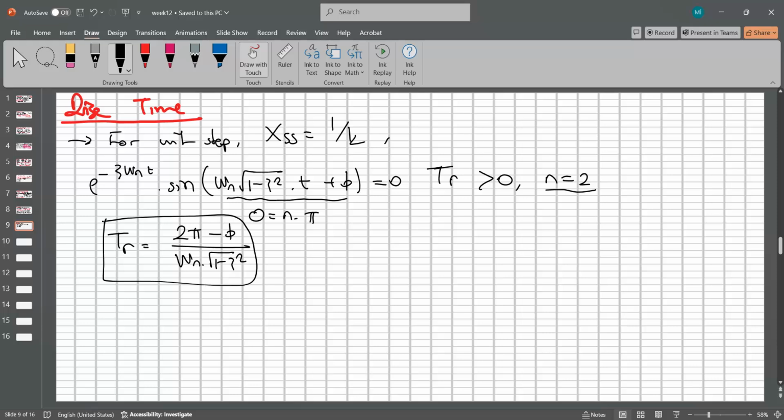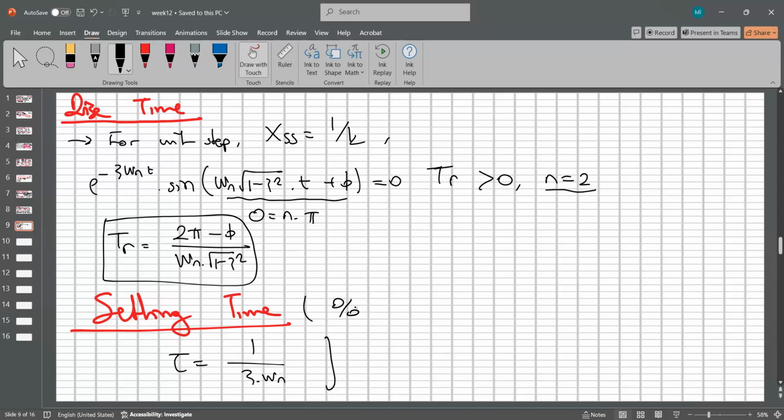Okay? So, what about the settling time? Just remember that tau is equal to what? 1 over zeta times Wn, and so settling time is equal to what? The 2% error at steady state.